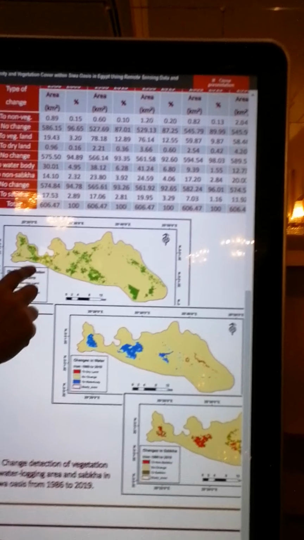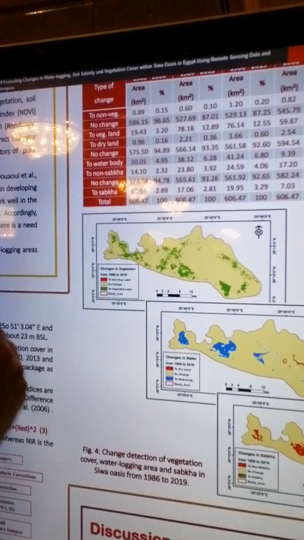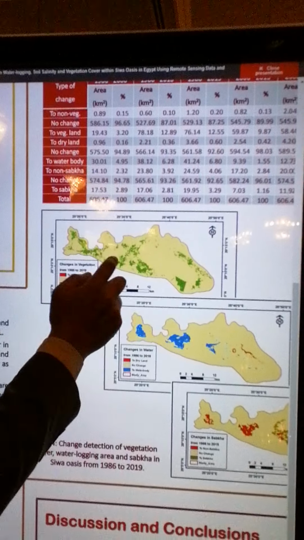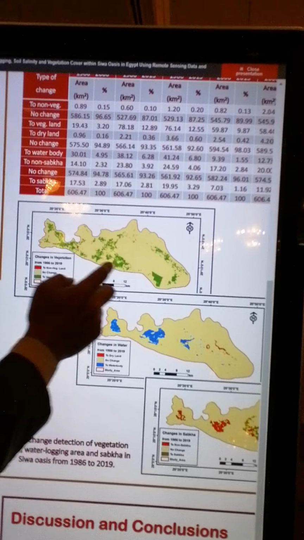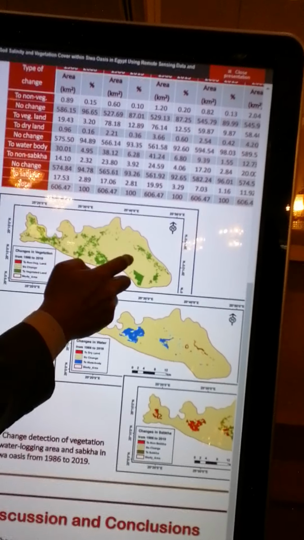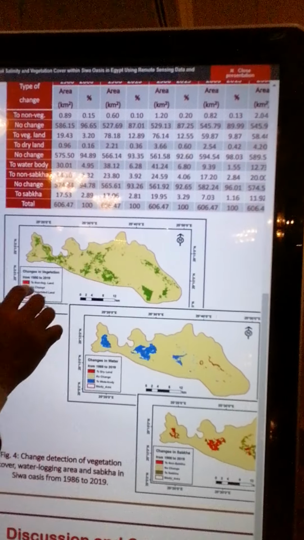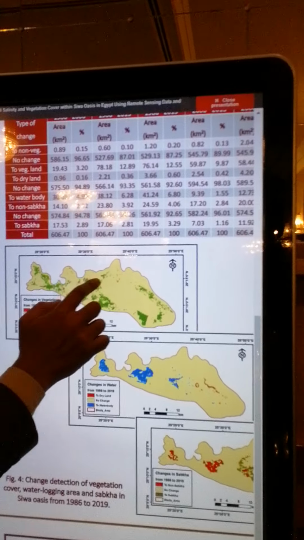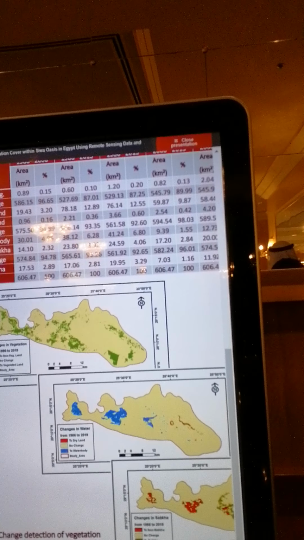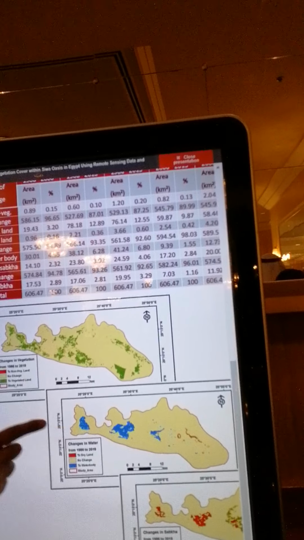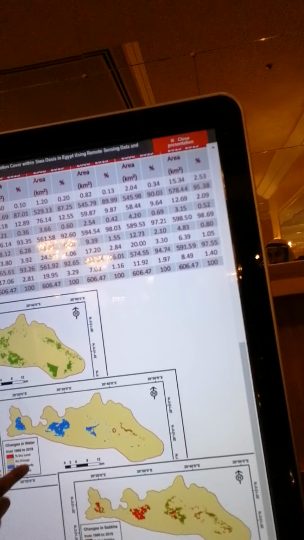And I found there are some positive changes, an increase in vegetation cover, which is shown in green color. And there are areas which have no change in land cover, and the red areas are a decline or negative change in vegetation cover. The same thing in waterlogging areas.